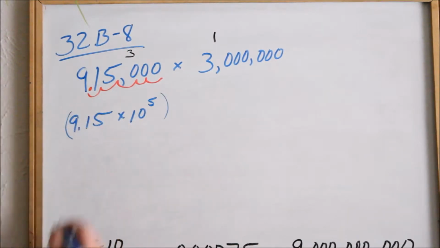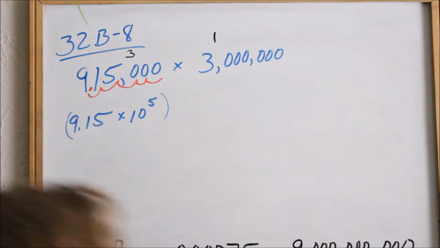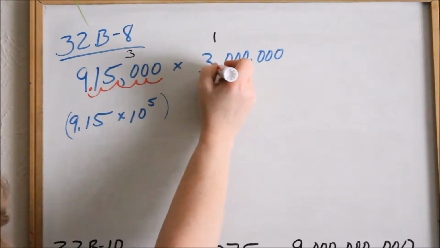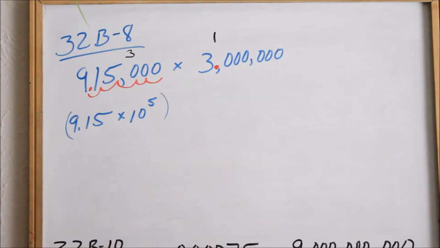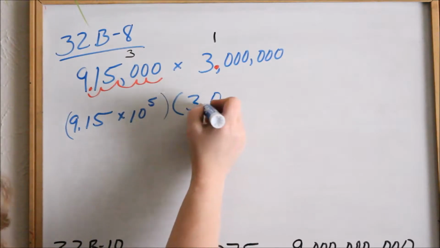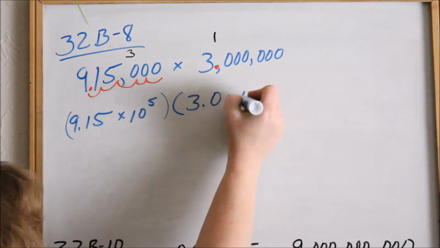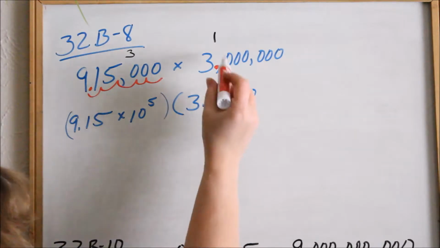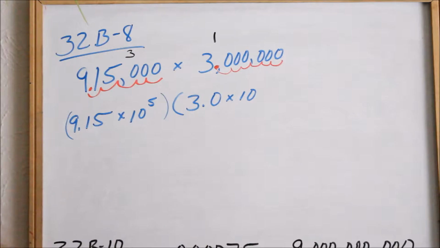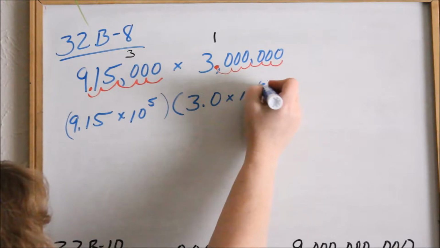I'm going to put that in parentheses. Now I'm going to put 3 million into scientific notation. My decimal goes after my first significant digit, so that'd be 3.0 or just 3 times 10 to the 1, 2, 3, 4, 5, 6. So that would be 10 to the 6.